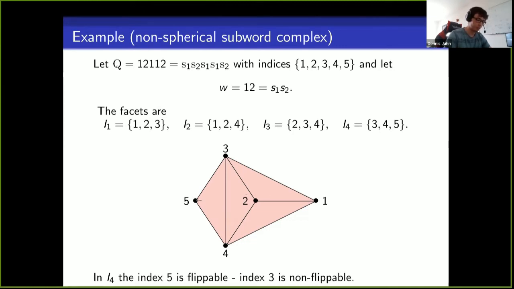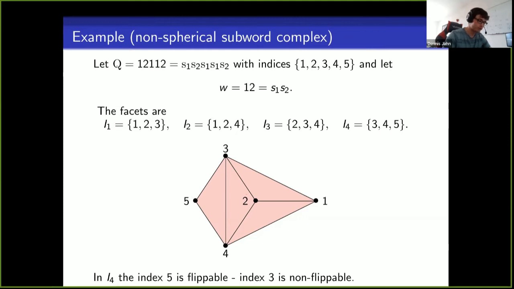This is a flip from 5 to 2. And if we consider this 3 here in the same facet 3, 4, 5, if we would remove this, we get a codimension 1 face that is 4, 5, and there is no adjacent facet to that. So we call this vertex 3 non-flippable.